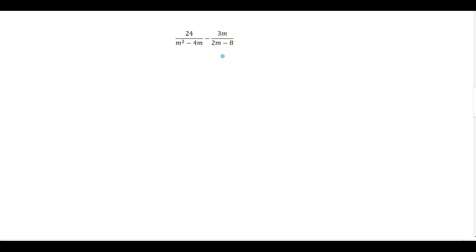So our first step is to factor the denominators. So I'm going to get 24 over, I can take out an m, leaving me with m minus 4, minus 3m over, and in this 2m minus 8, I can again factor out a 2, leaving me with m minus 4.